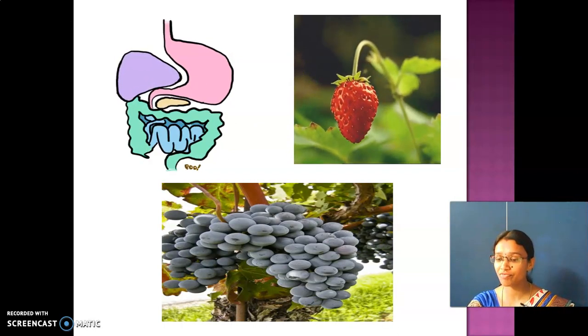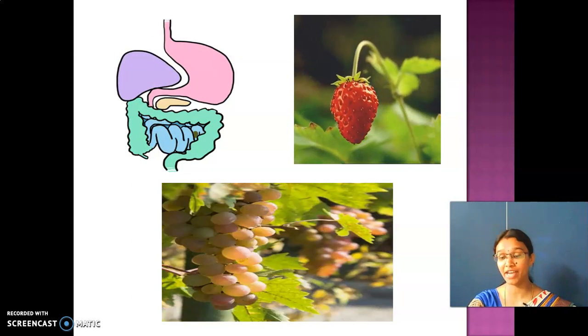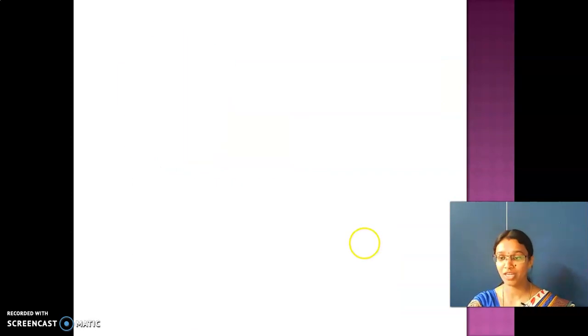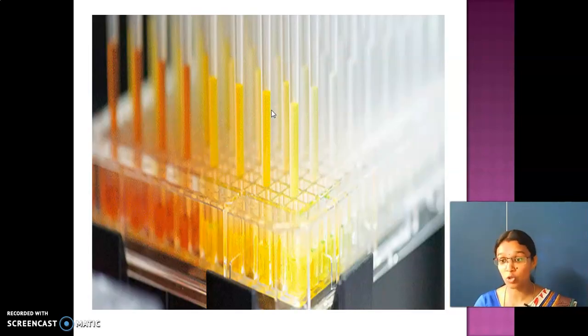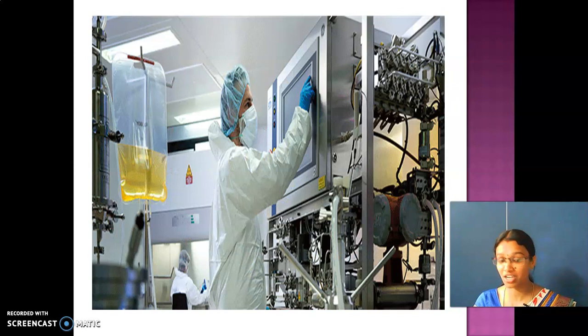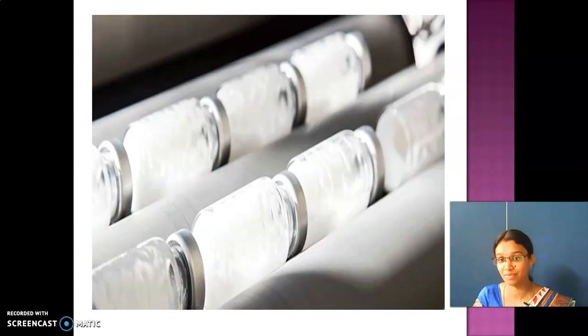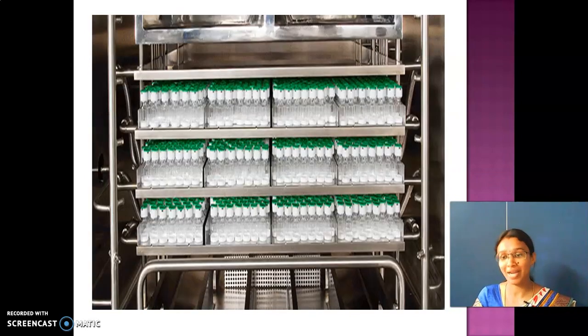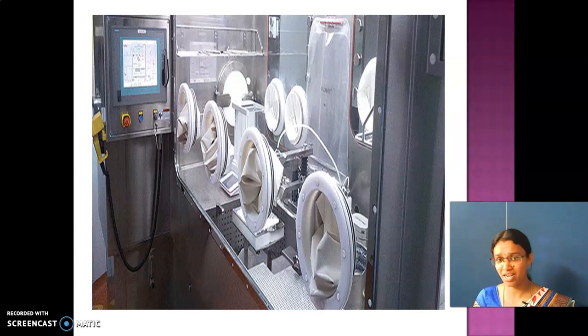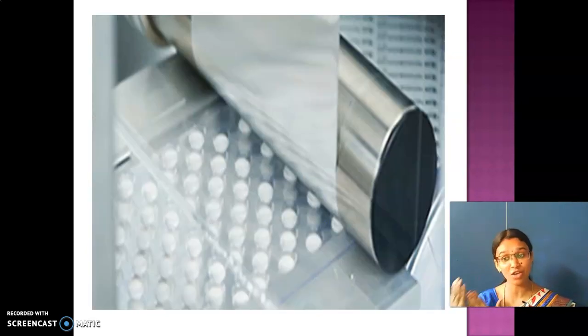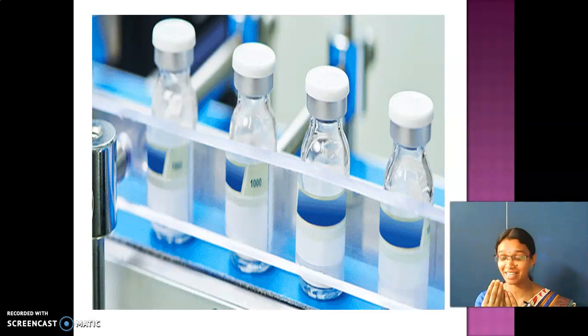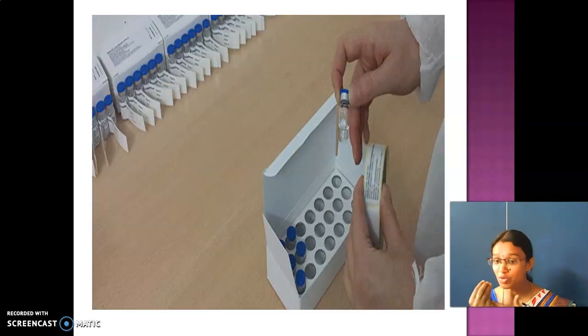Chemical change is very much important in our day-to-day life. Not only in this, chemical change is also important in the production of medicines. Yes or no children? Here new substances are formed. The medicine which we get is a new substance.